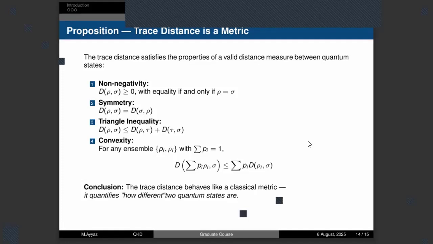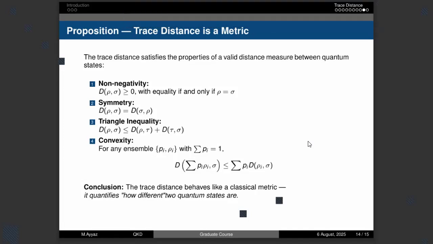So trace distance is just a metric. In other words, it tells us how far apart the two states are in the Hilbert space.